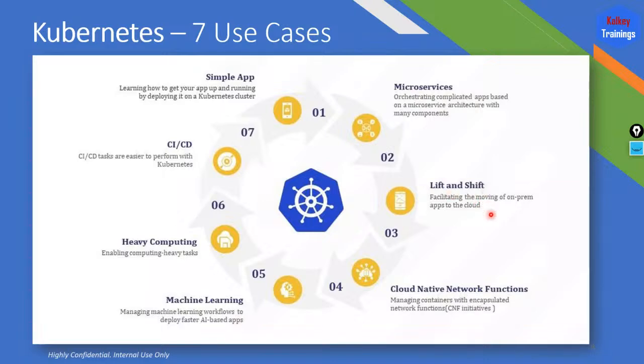Lift and shift. It is one of the best tools for operations guys. Operations guys often have to do a lot of movement between on-premise and the cloud. Not only applications, but infrastructure, network, servers, will always keep on moving from on-premise to the cloud, because many organizations are coming out from their legacy systems and going into the cloud.